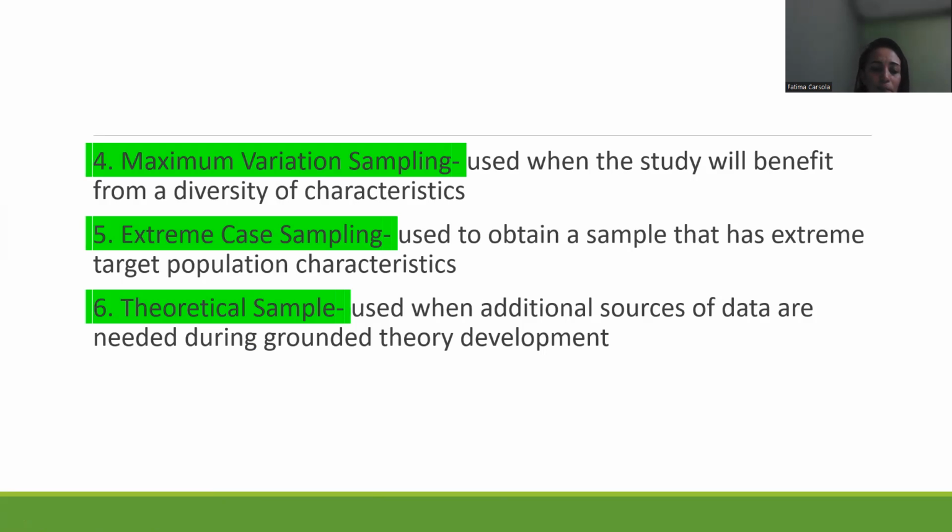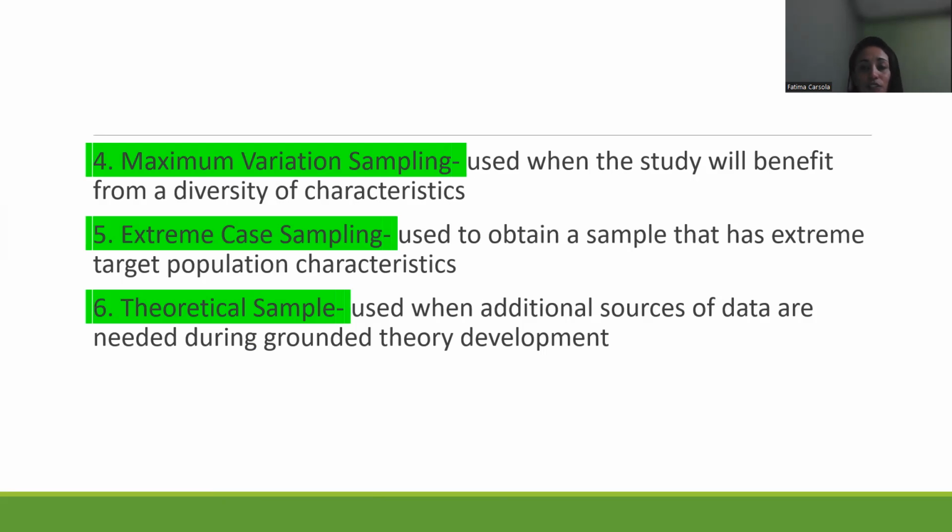For example, professional training, or shared decision between caregivers and patients with, for example, neurocognitive disorders. Pwede ka dito kumuha ng half of the caregivers that had in-depth training and the other half is wala talaga silang training. So that is extreme case sampling.